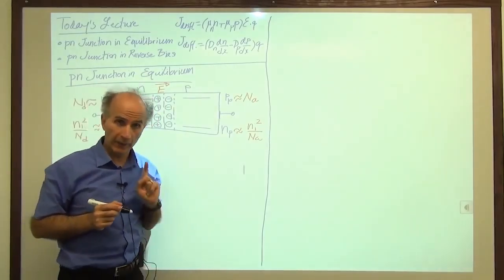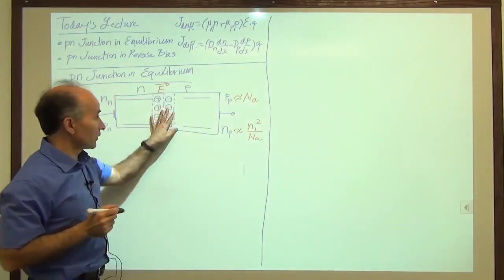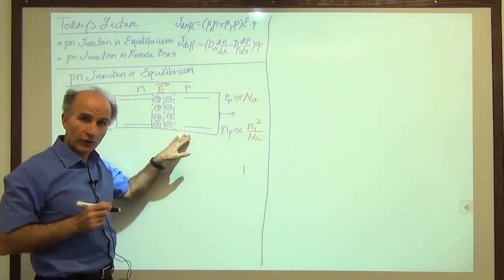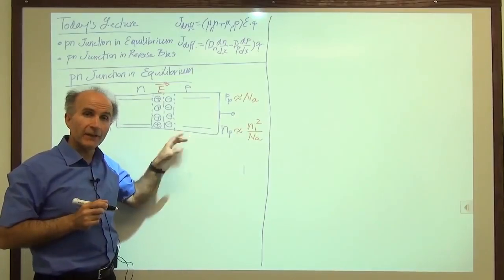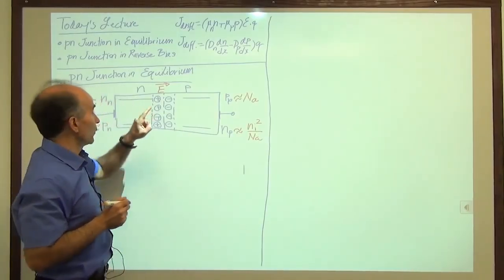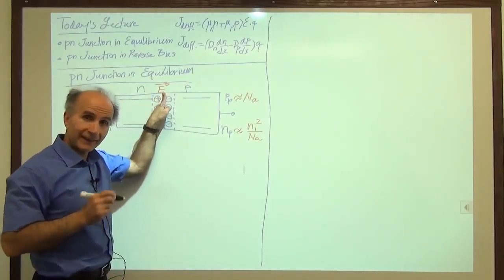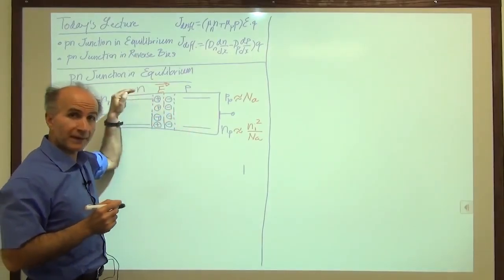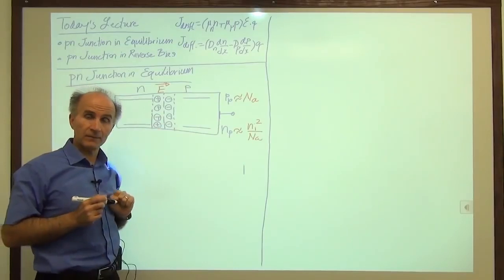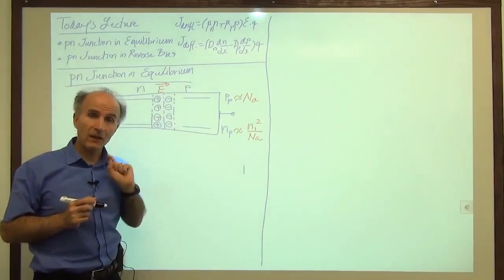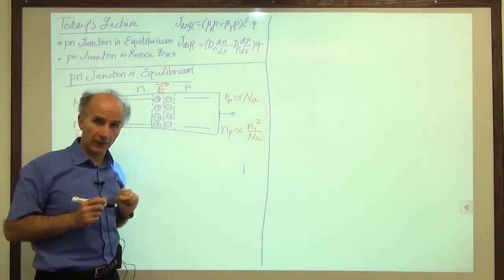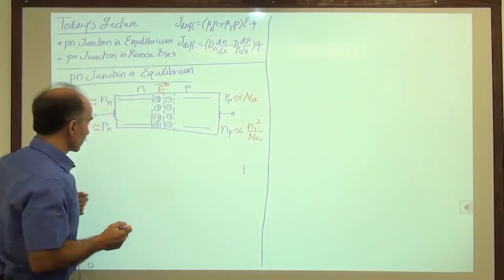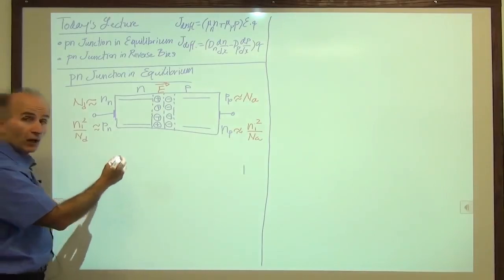So equivalently, what we can say is that this junction will stop carrying these diffusion currents when the drift currents associated with the electric field cancel the diffusion currents associated with this difference in densities. So that's the key concept that helps us quantify things here. All right, so I'm going to write these conditions so that we know what we are facing.